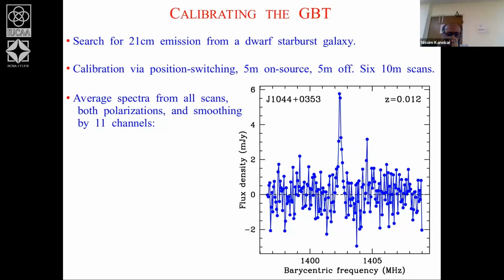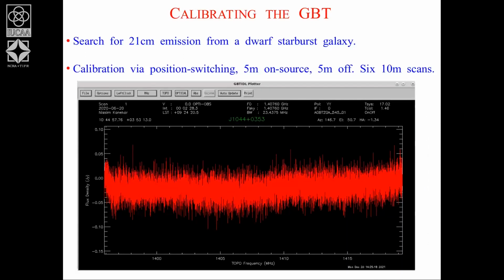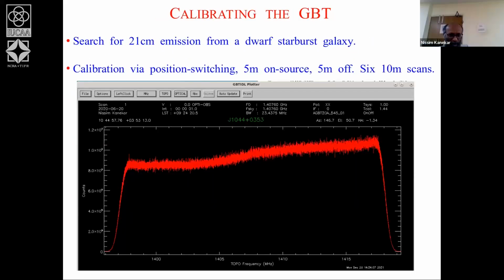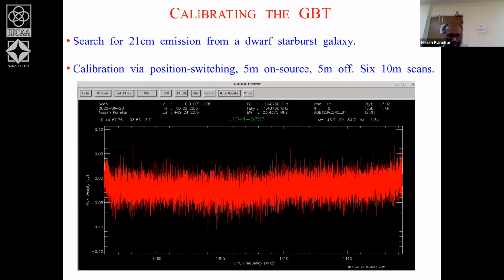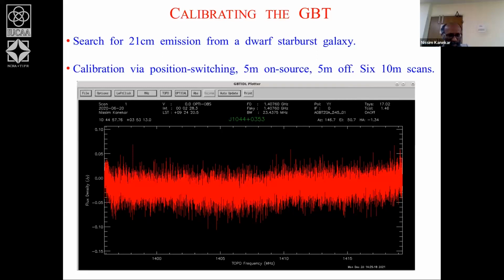Desh, you were saying something? Yeah, I just wanted to compare this 6 millijansky peak on the scale of the raw spectrum, just to drive home the point of how much improvement has come about. You mean the calibrated one? Yeah. So you can see that here the peak to peak is something like maybe 80 millijansky. This is in Jansky.